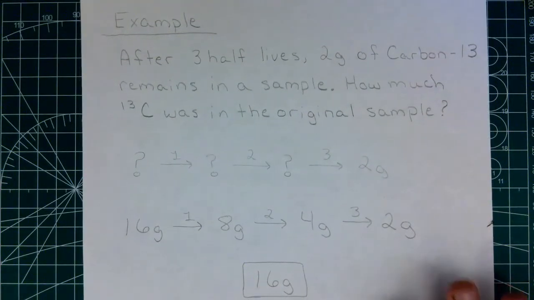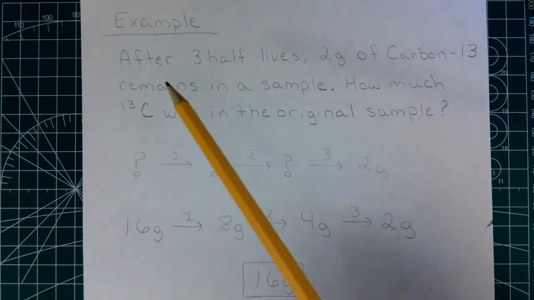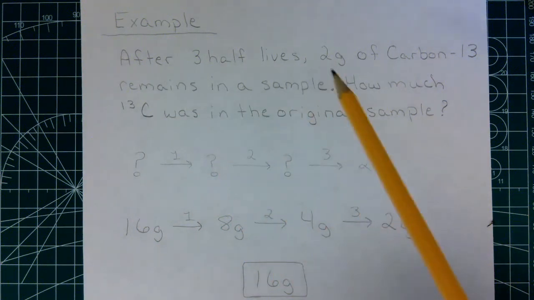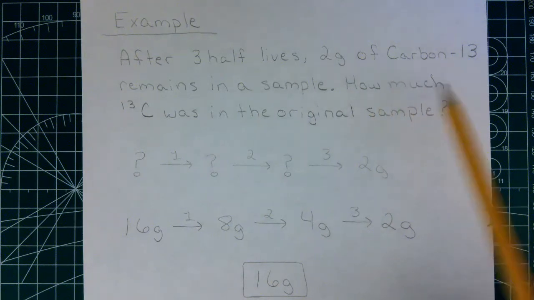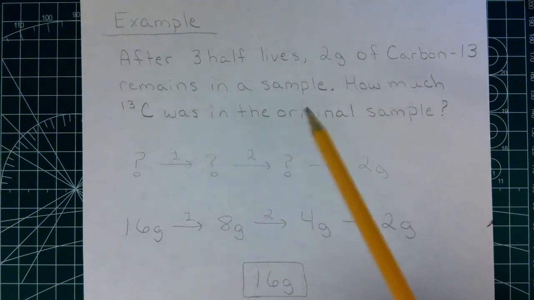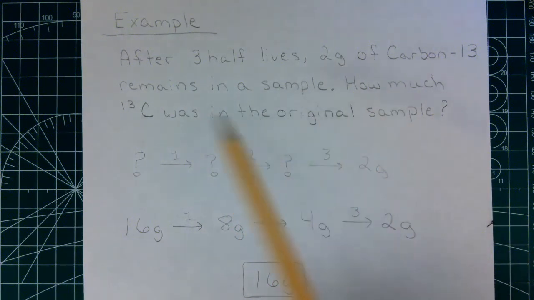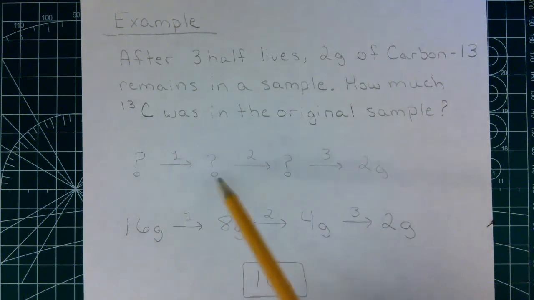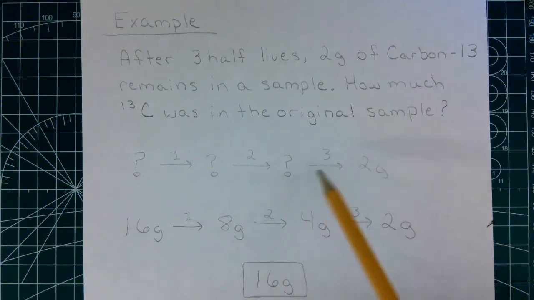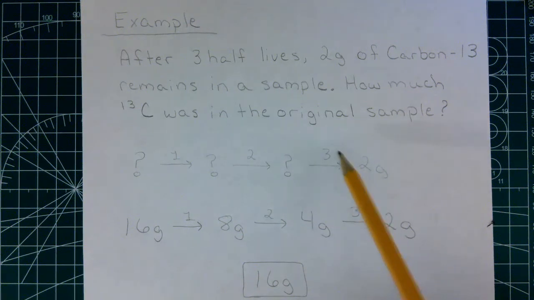I want to go over one more example problem where we're kind of working the same thing backwards. In this problem, we say after 3 half-lives, 2 grams of carbon-13 remains. So we know how much is left at this point. How much carbon-13 was in the original sample? Here we don't know how much it was in between each one of the half-lives, so we have to work the problem backwards.